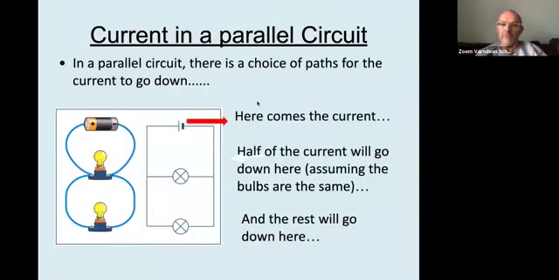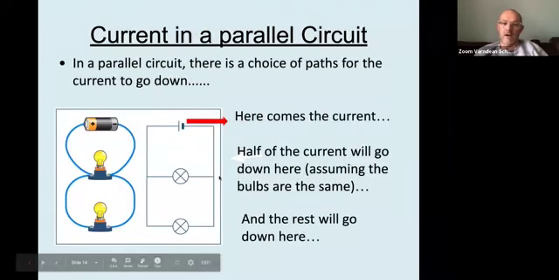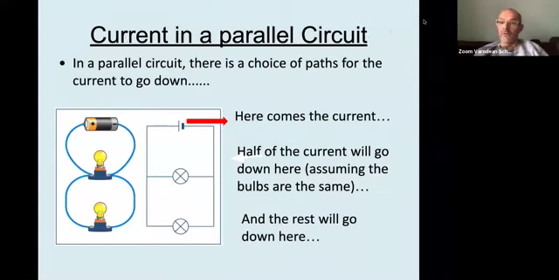So let's move along. Here comes the current going down that way. Half of it will go down this one, and the other half of it will go down here. It's a little bit like the science corridor again. Imagine all of the pupils walking along the science corridor towards maths, but half of them go straight along the top through maths on the top corridor, and the other half go down the bottom and walk along the languages corridor.